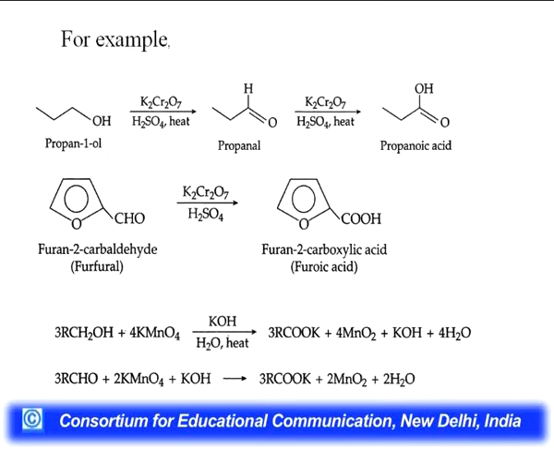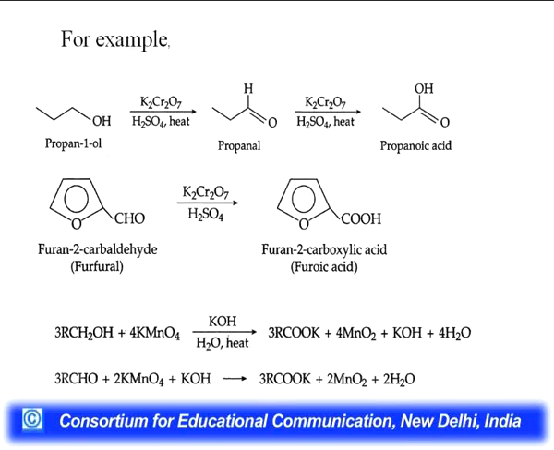Propan-1-ol, when reacted with potassium dichromate in H2SO4 with heat, first forms propanal, then it is oxidized to propanoic acid. Next example is furan-2-carbaldehyde, or we can also say furfural, which when oxidized with potassium dichromate in H2SO4 will give you furan-2-carboxylic acid, or the common name is furoic acid.